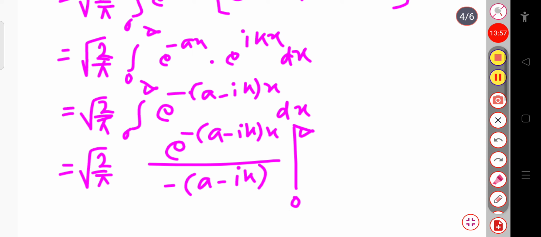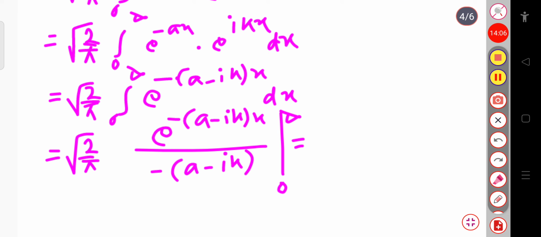So for the lower limit, I have to put the value. This exponential term will go to minus 1. So this will be equal to root over of 2 by pi, and for this term, this will be minus 1. So this minus minus gets plus, into 1 by a minus ik.